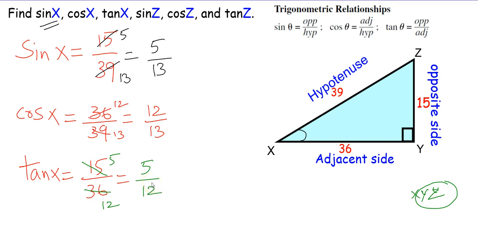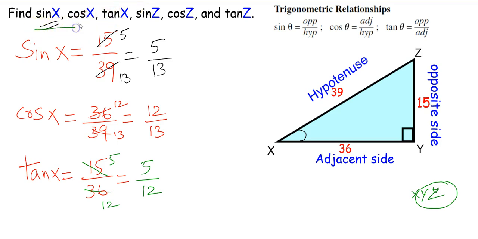That's it. So you have sine x is 5 over 13, cosine x is 12 over 13, tangent x is 5 over 12. Alright, so we got the first part of our problem.